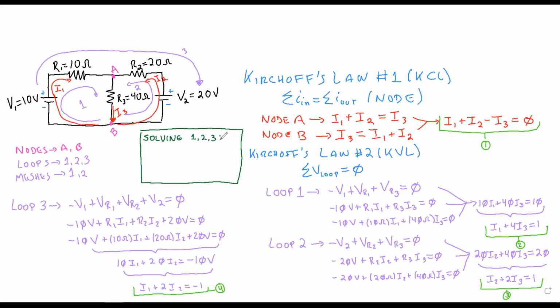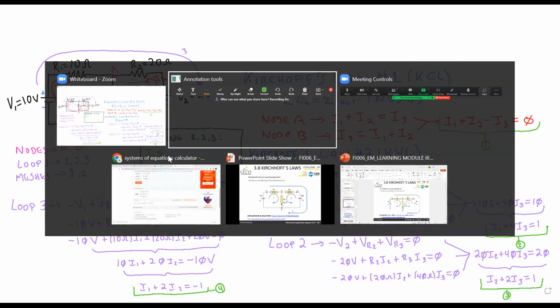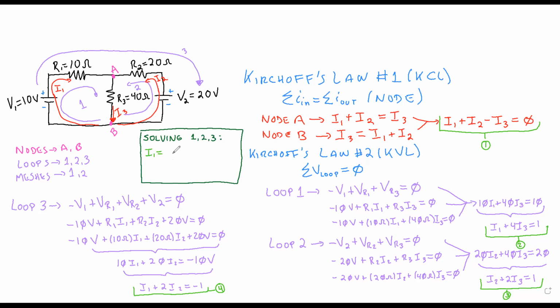Solving 1, 2, and 3, we get that I1 is equal to minus 1/7. Can somebody calculate 1 divided by 7? 0.1428. Yep.